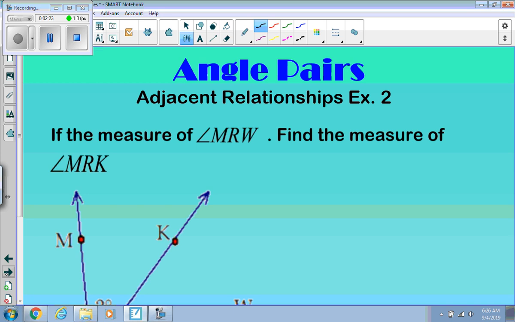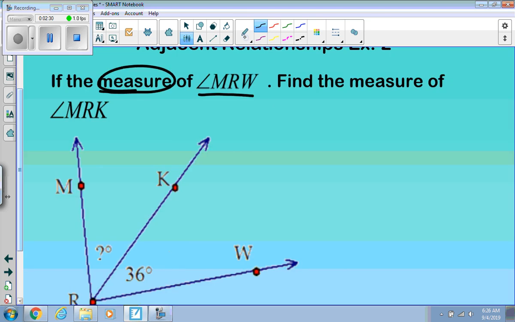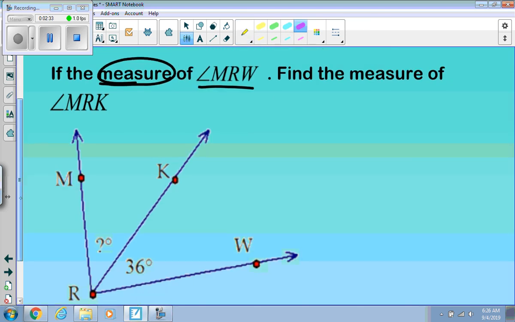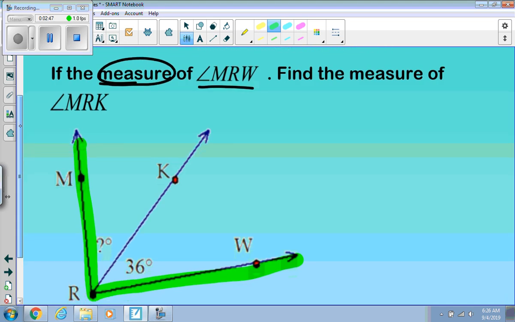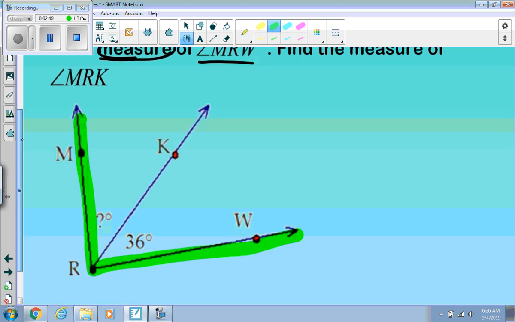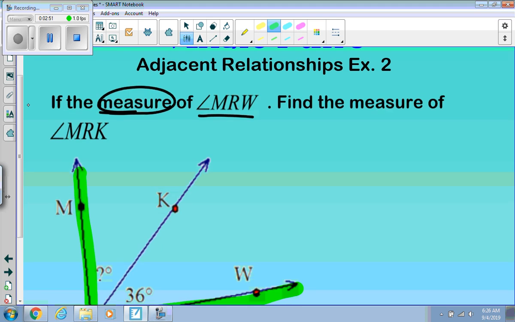Okay, so again, here we're looking for the measure of MRK. So let me highlight it so we know what we're looking for. We have the whole angle MRW, which should be 89 degrees there.